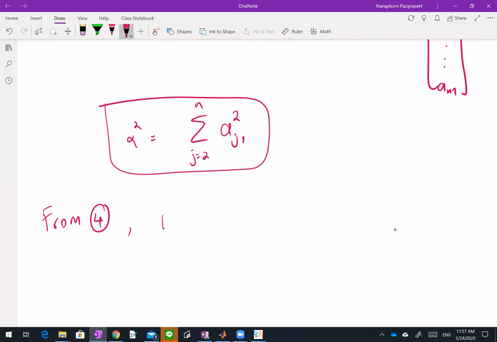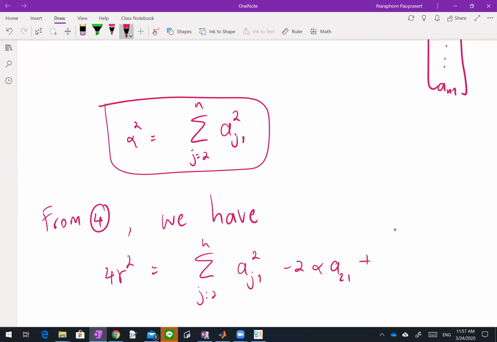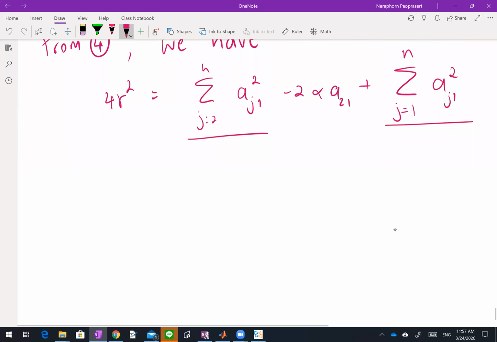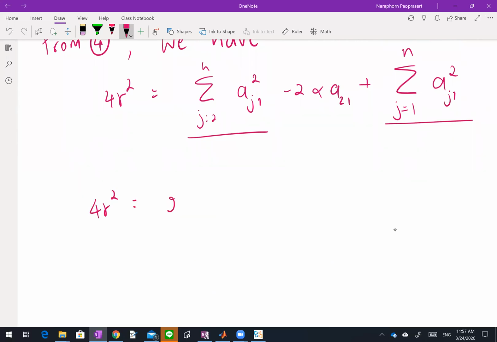we have 4r square equals summation j from 2 to n a j1 square minus 2 alpha a21, and then plus alpha square, which is also the summation from 1 to n a j1 square. You add these two things together, you have 4r square equals 2 sum j from 1 to n a j1 square minus 2 alpha a21.